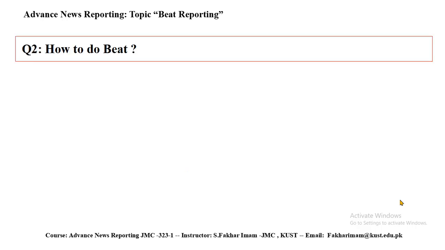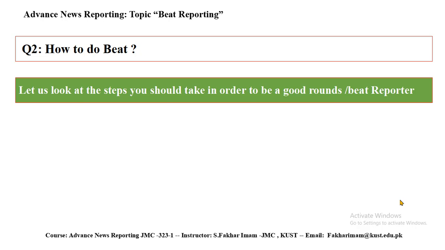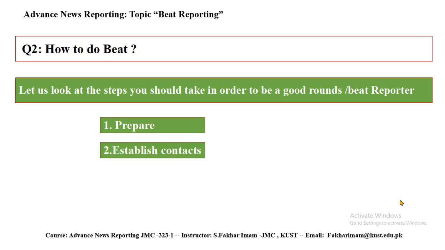Now, our second question is how to do a beat. So let's look at the steps you should take in order to be a good beat reporter. Here we have six steps. The first one is prepare. The second is establish contact. The third is get acquainted.